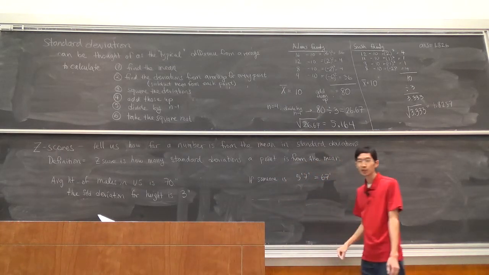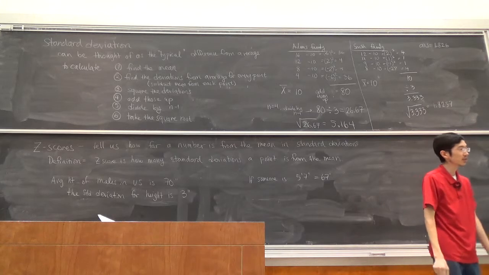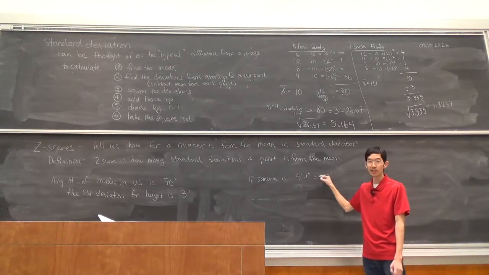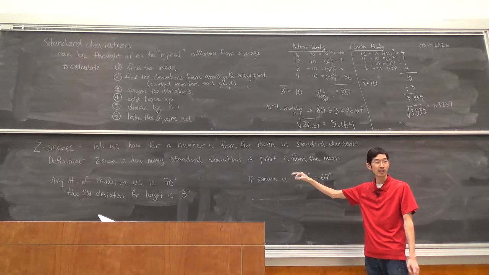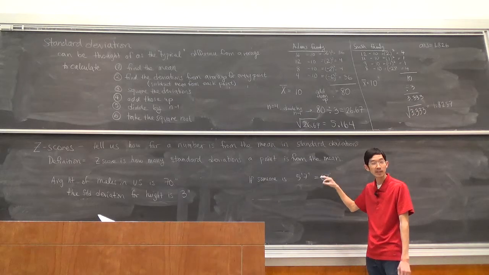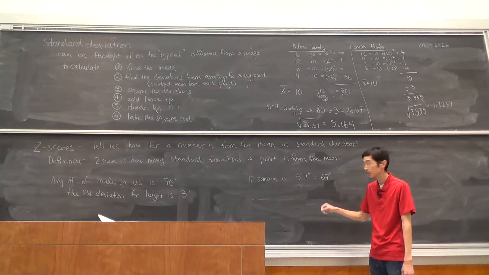How much shorter than the mean is this person? This person is 3 inches shorter than average. Or we can also express it as this person is 1 standard deviation below average.